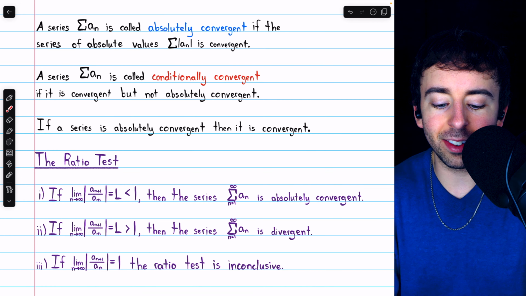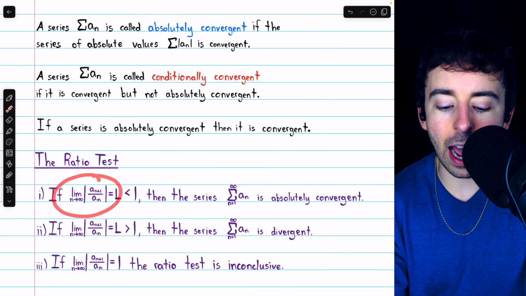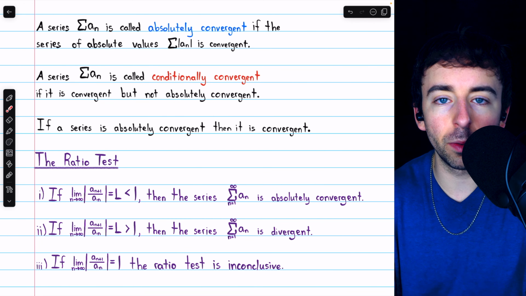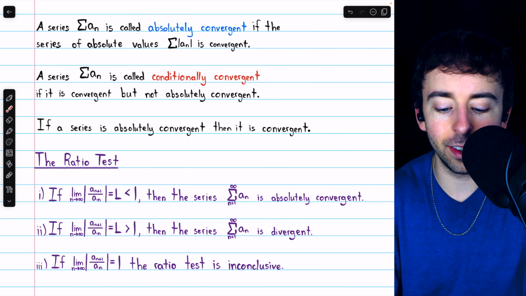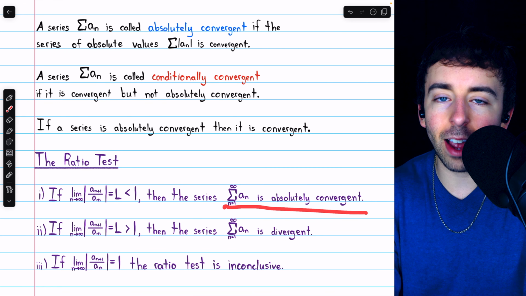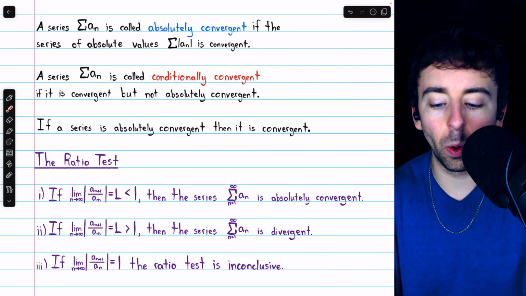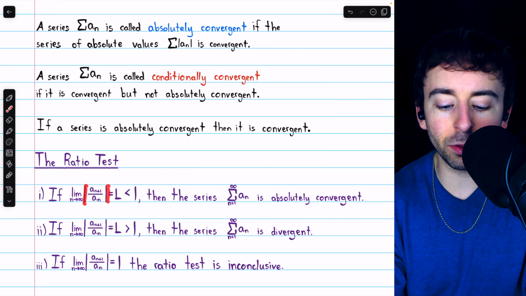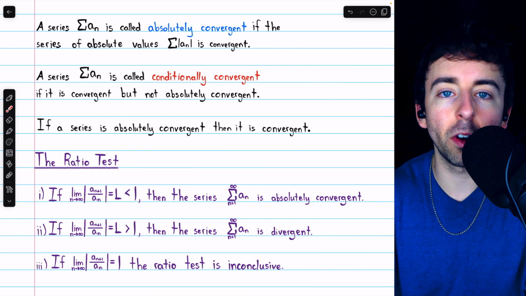The ratio test says this: if the limit of the absolute values of the ratios of consecutive terms of a series is equal to something less than 1, then the series is absolutely convergent, which of course also means it is convergent. The idea here is disregarding whether or not the terms are negative.